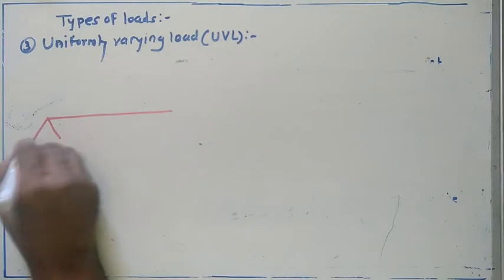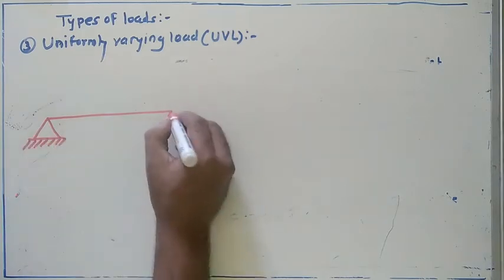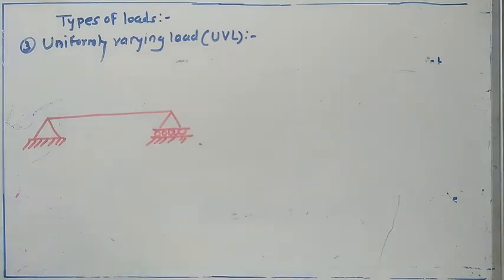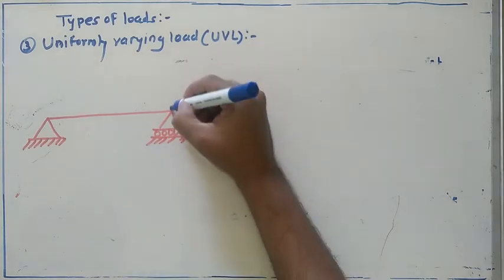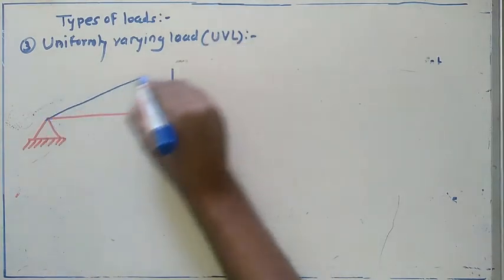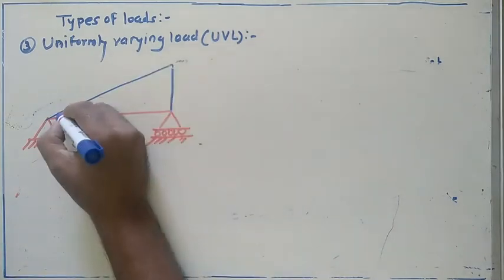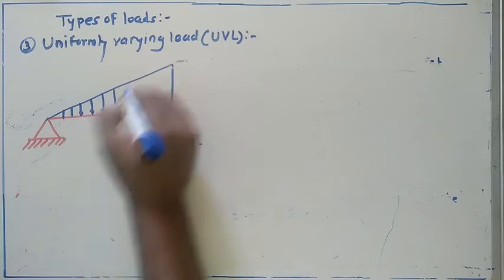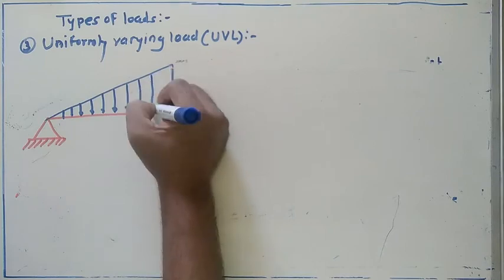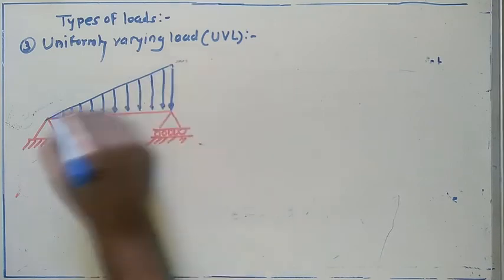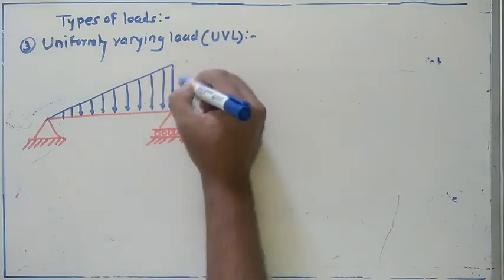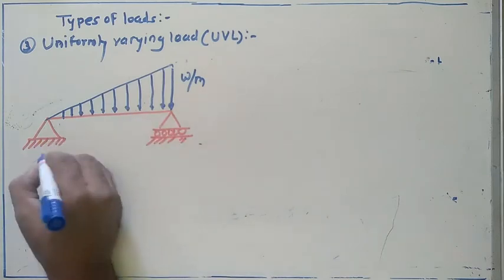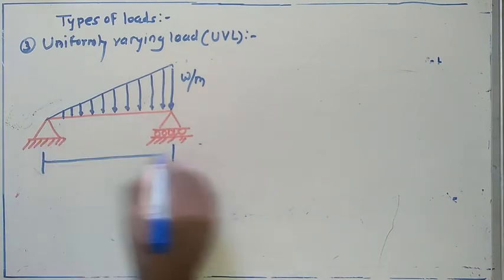Let's suppose once again a supported beam, on which the load is uniformly varying in this span. So this indicates the intensity of force at that particular point. This load is uniformly varying and acts on this entire length L.